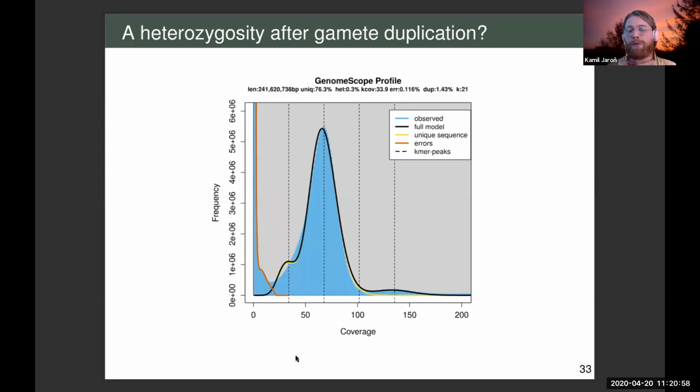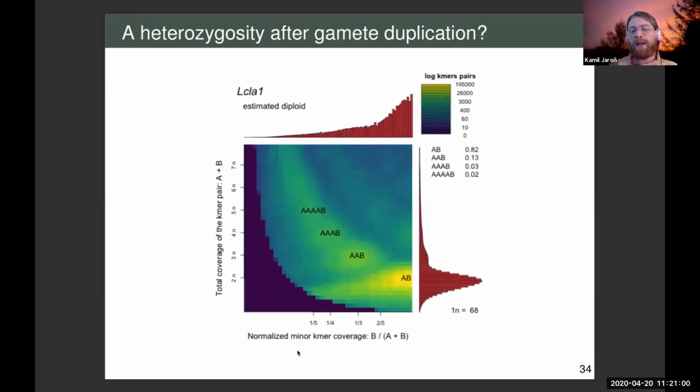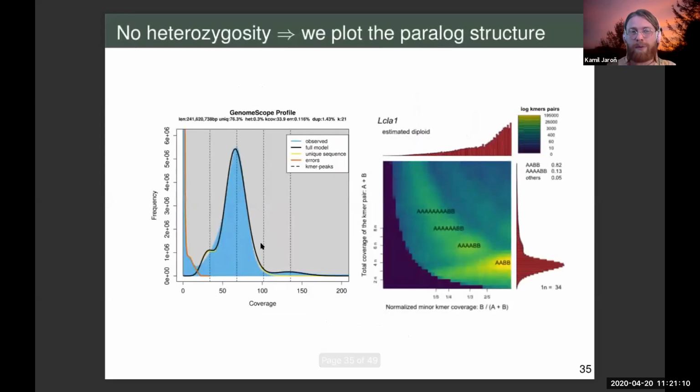And what happens if you run Smudgeplot on this one? Well, it moves all the labels 1 level down. It thinks that the 1n coverage is 68, because all it can do is pair up the Kmers from this distribution with itself, but it's wrong. So if you know that there are no heterozygous loci and you tell Smudgeplot that is the case, it can label the smudges correctly and estimate the 1n coverage correctly, which is 31x.